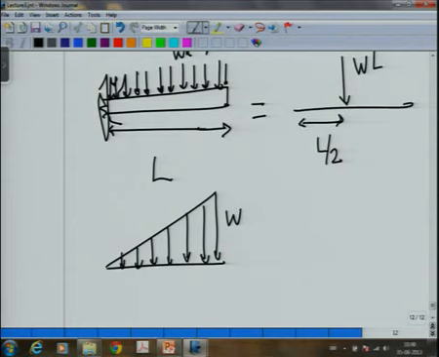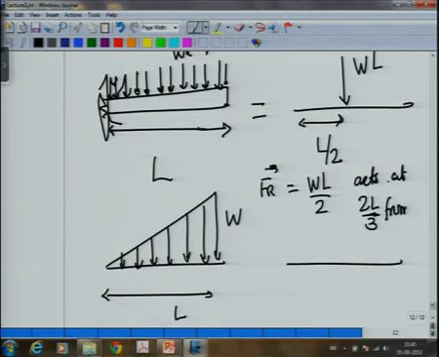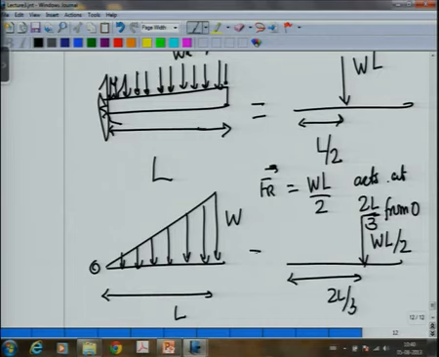Now, in this case, once again, if this is L, then firstly the net Fr is equal to W times L by 2, the area under this, and it acts at 2L by 3 from O. So, therefore, in this case the net resultant will be, okay.